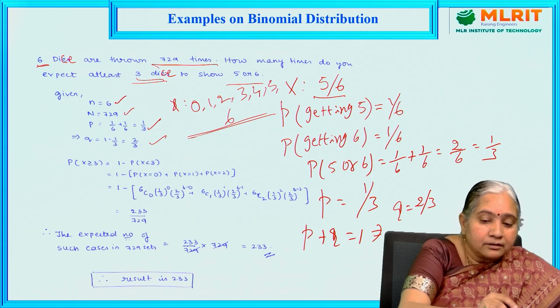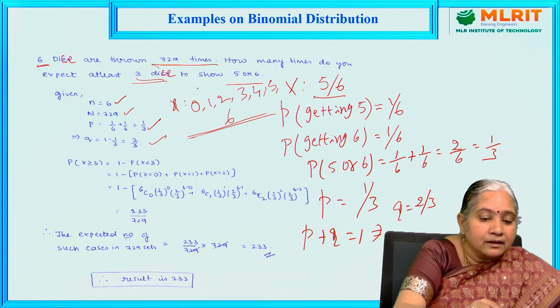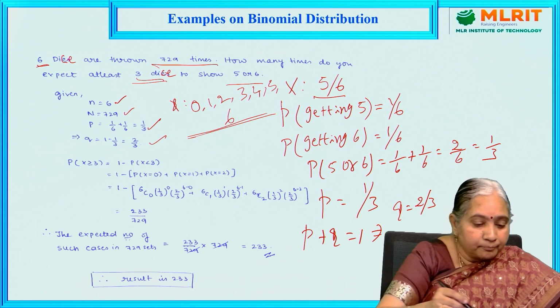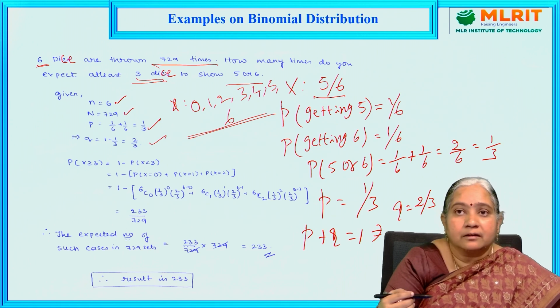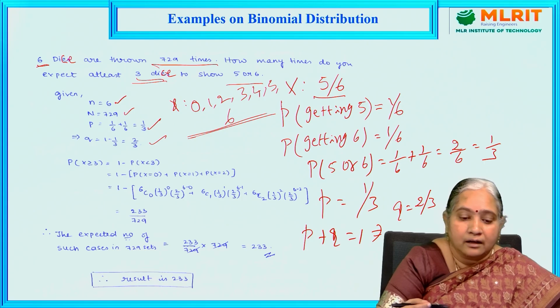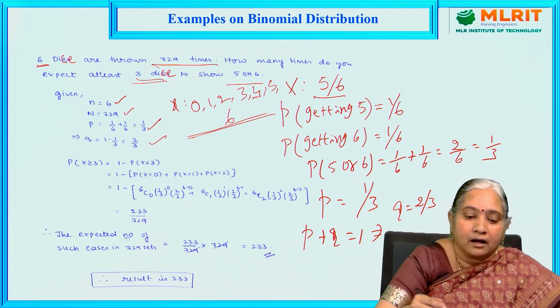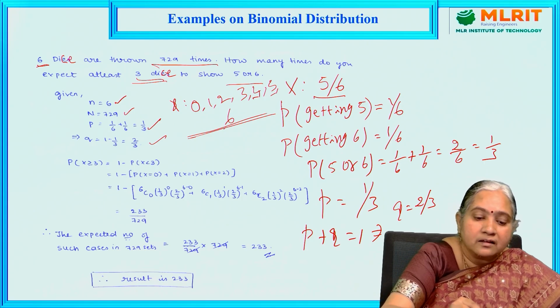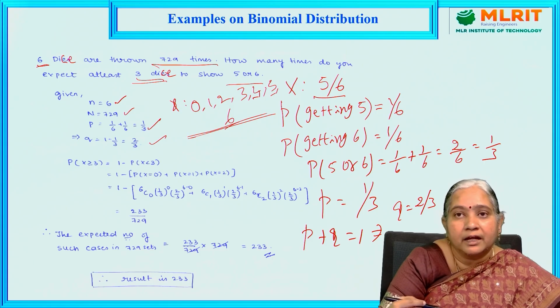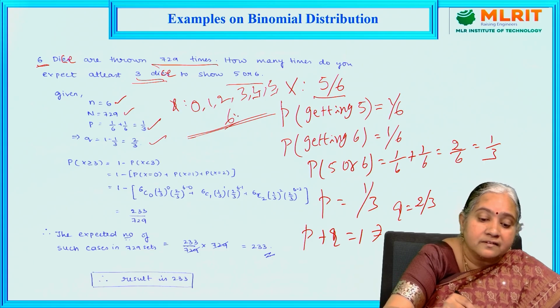But here the question is, what is the probability of getting at least 3 dice to show 5 or 6? So at least means maybe 3 successes or 4 successes or 5 successes or 6 successes. At least 3 means minimum is 3, maximum is 6.